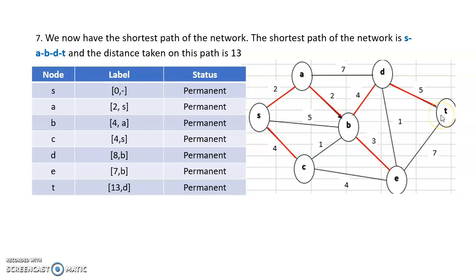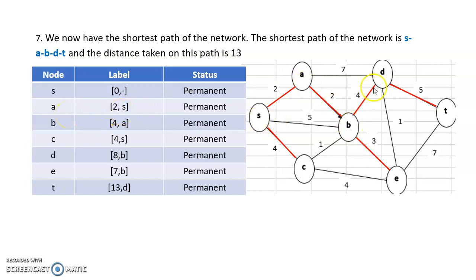You are in T, T has come from D, over here, check this one, D has come from B, come to B, your B has come from A, and then come to A, your A has come from S, this one.